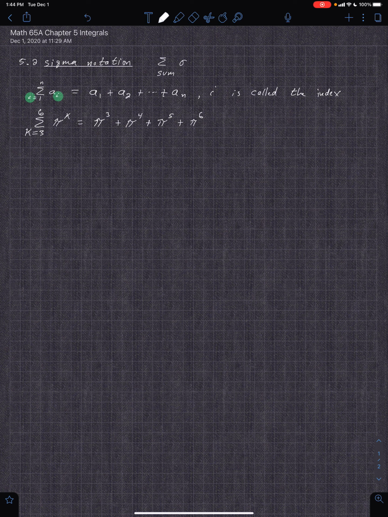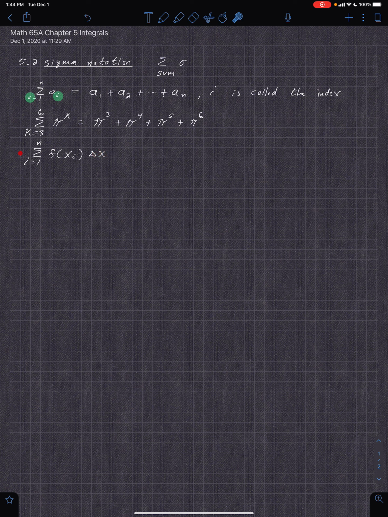All right, here's another one. You could have the sum as i goes from 1 to n of f of x sub i, and then you could have delta x. So this could basically represent some constant value, and maybe it doesn't change.